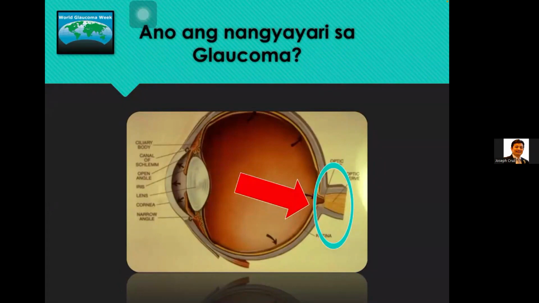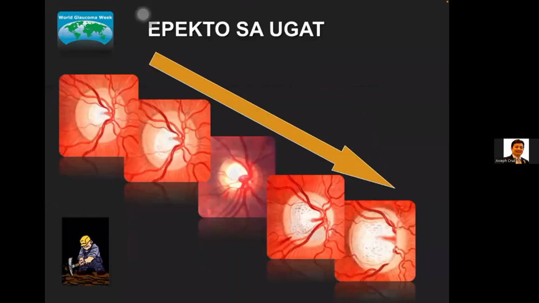So, kung nakikita niyo po sa upper left side picture ng ugat ng mata, at pababa po siya, nakikita po natin na paputla ng paputla ng paputla po siya. At kung titignan po natin siya at the level of the nerve itself, umuuka po siya, lumalalim po. Ibig sabihin, numinipis po siya.